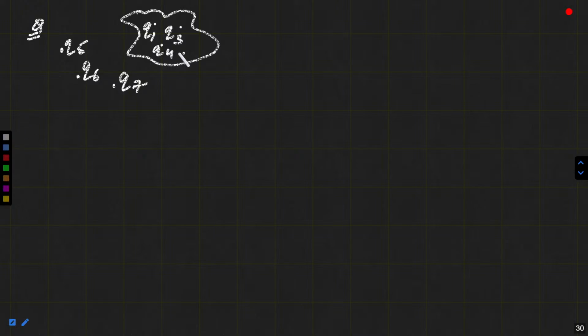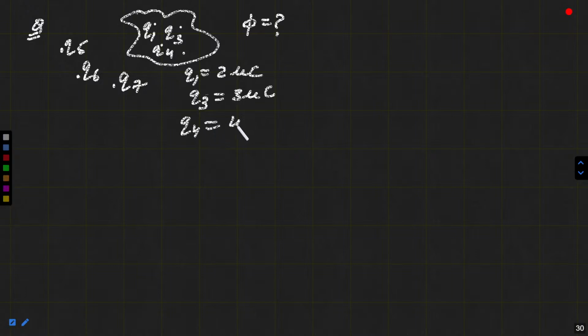You have to find out the flux phi, where Q1 is equal to 2 microcoulomb, Q2 is equal to 3 microcoulomb, Q3 is equal to 3 microcoulomb, Q4 is equal to 4 microcoulomb, Q5 is equal to 5 microcoulomb, and Q6 equal to Q7 is equal to 6 microcoulomb.